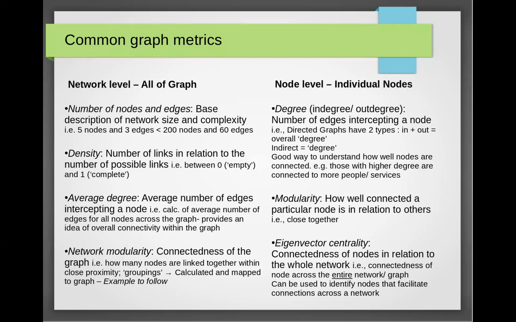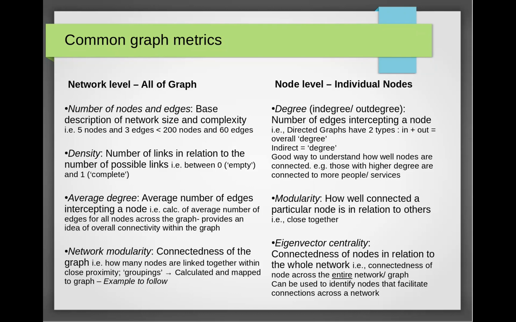So just thinking about some very common graph metrics. We've got the network level. So this is all of the graph, or think about the complete system, the complete ecosystem that we're looking at. Very basically, we would consider the total number of nodes and edges. And this would really give us the base description of a network and its complexity.